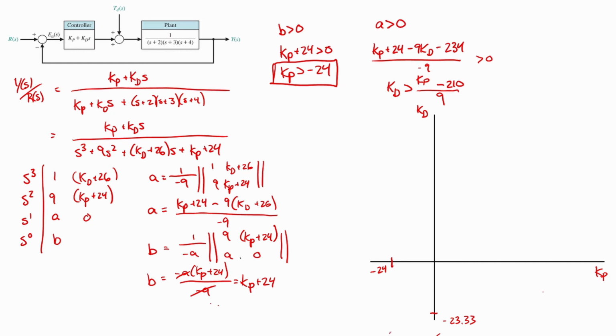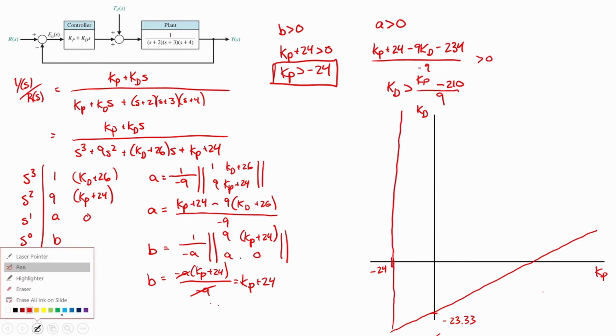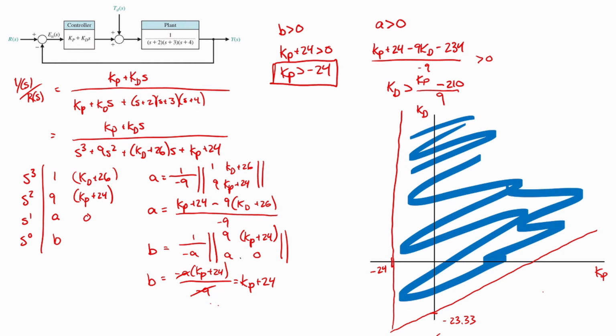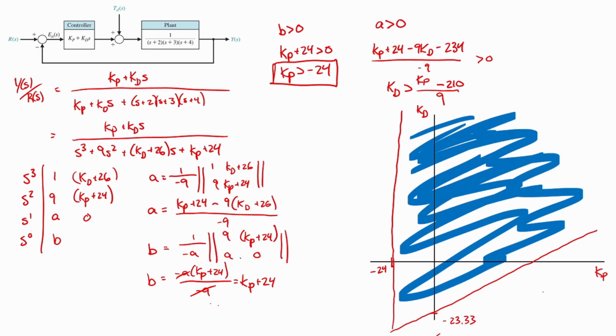So I'm actually just going to roughly sketch this out. And so everything in this area here, in terms of values of Kd and Kp, as long as it fits within this plot, it'll be considered stable.